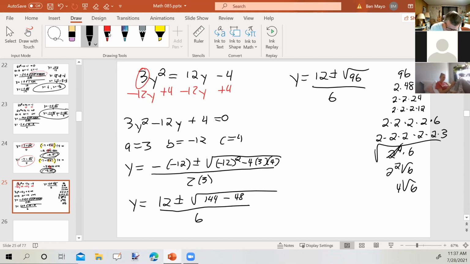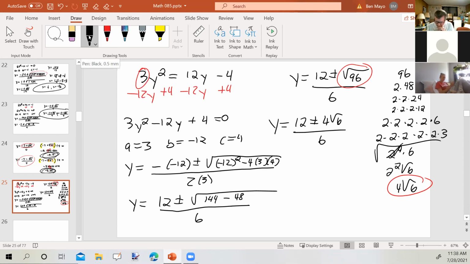So all of that was to take this and turn it into that. Okay? That's what all that was about. So now I've got y equals 12 plus or minus 4 square roots of 6 all over 6. So I've simplified the radical as much as I can.